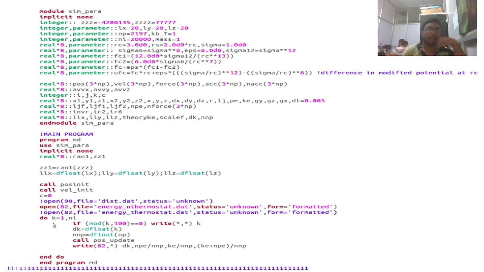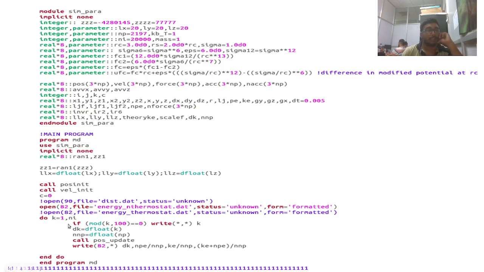Okay, so after that we have opened a file which is energy without thermostat, and if we consider the thermostat, then the file name can be changed accordingly.